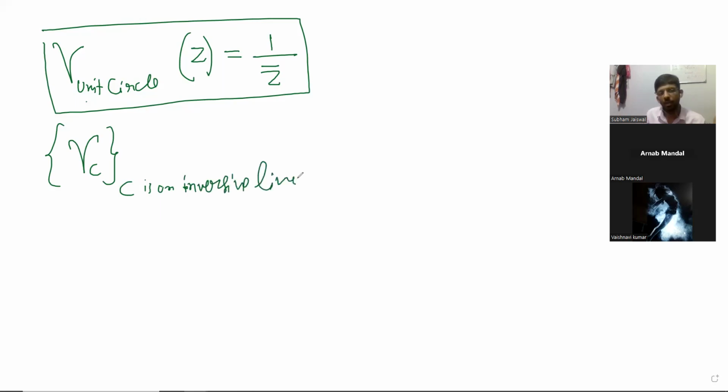You have a family of functions indexed by a collection of geometric objects. For every circle, you have a function. For every line, you have a function. For every inversive line, to say it in short, you have a function.